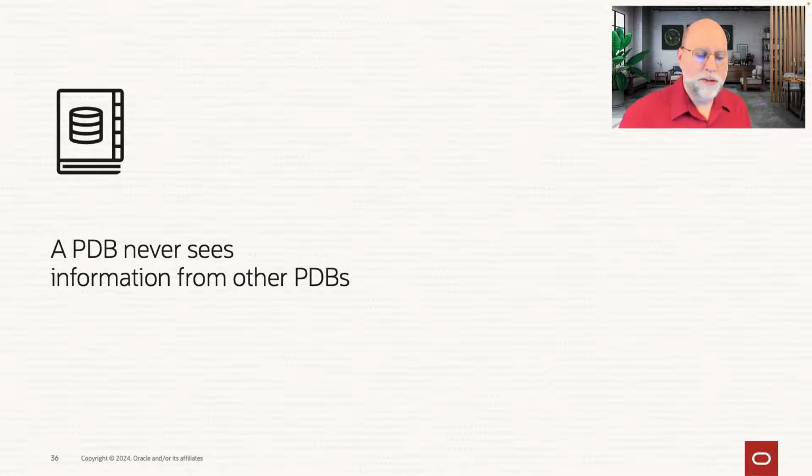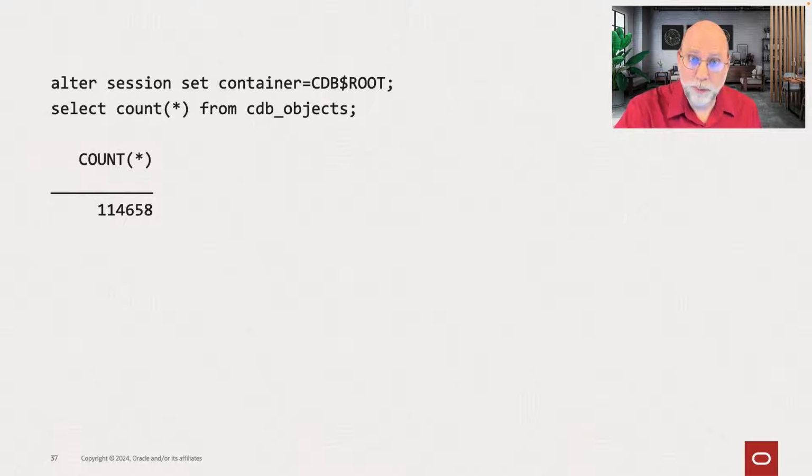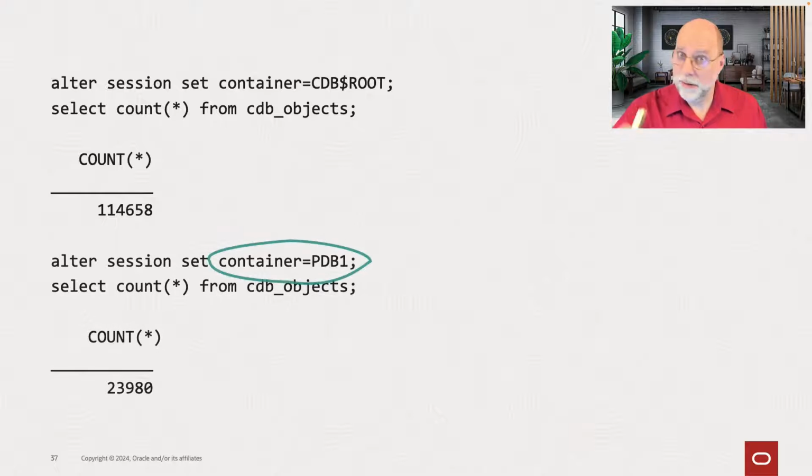So if you go into the CDB root, again, you have to be a privileged user to do that, and you select count(*) from CDB_OBJECTS. In this case, we've got something over 100,000 objects listed there. But if we then, with that same user, go inside a PDB, we see a much smaller number of objects. And here's another little hint. Some of those objects are going to be pointers to objects in the root.